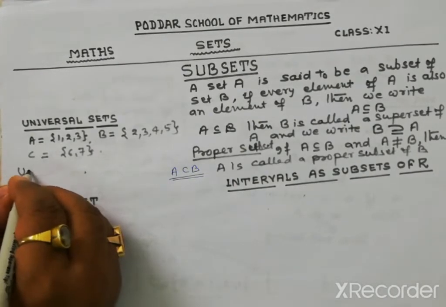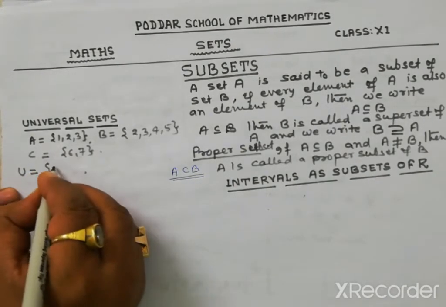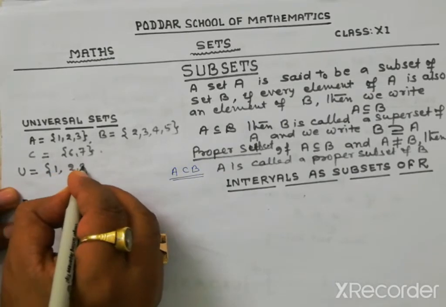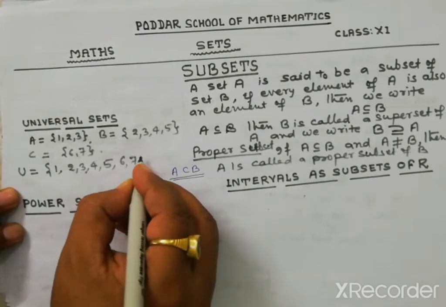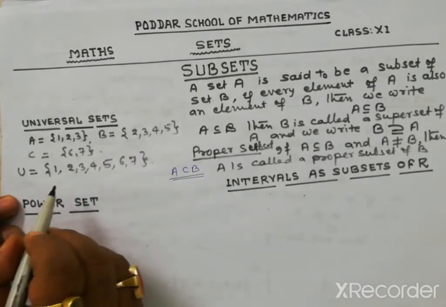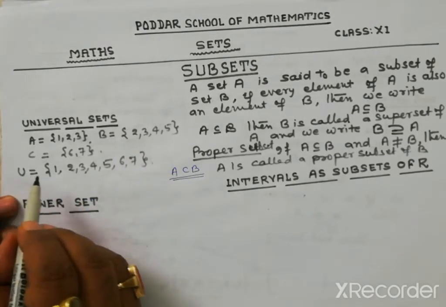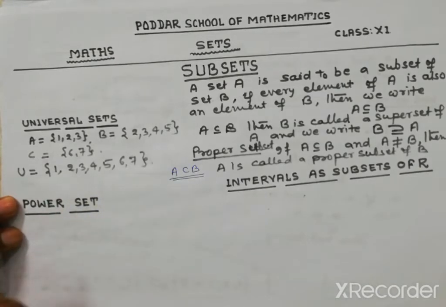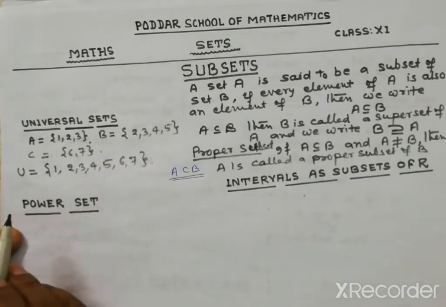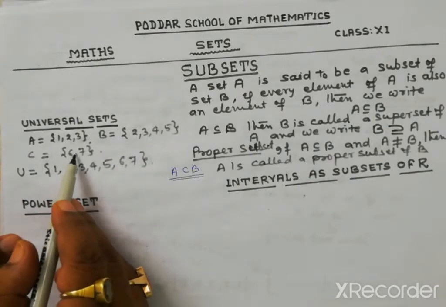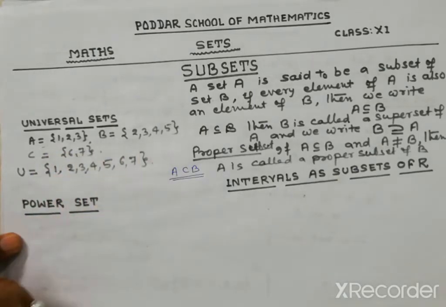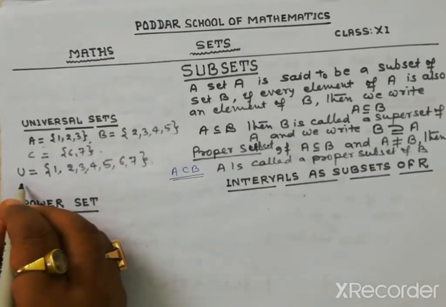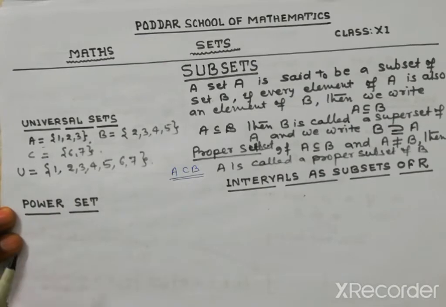If we consider a set U containing elements 1, 2, 3, 4, 5, 6, 7, then clearly U is the superset of each of the given sets. U is the superset of A, U is the superset of B, U is the superset of C. So U is the superset of each of the given sets. Here, then U is considered as universal set.